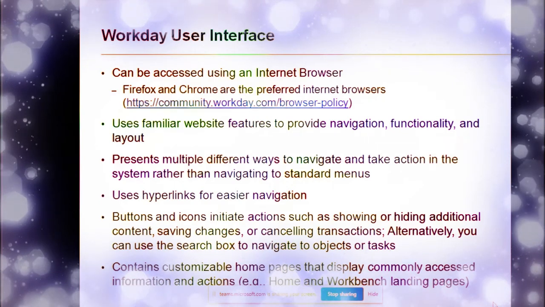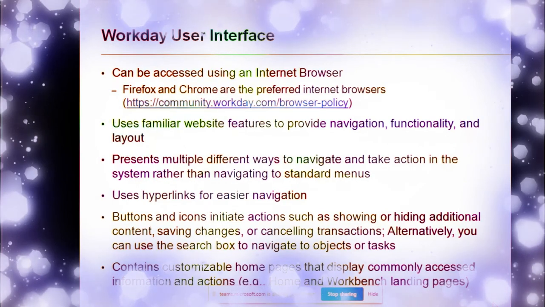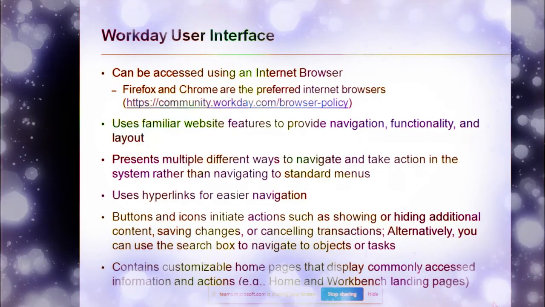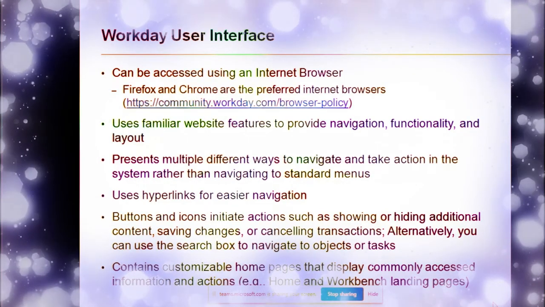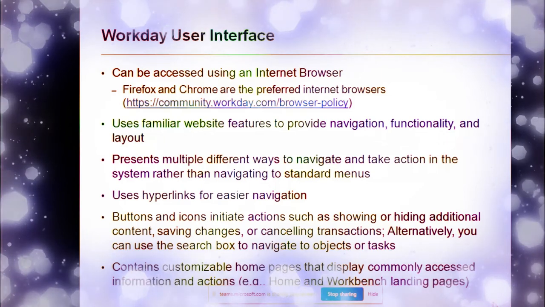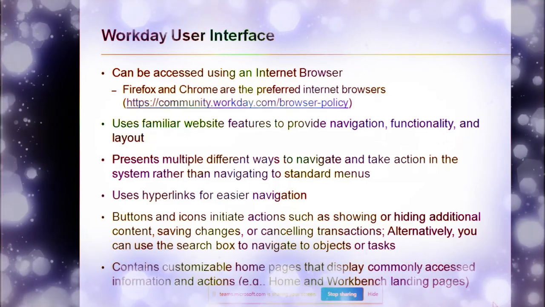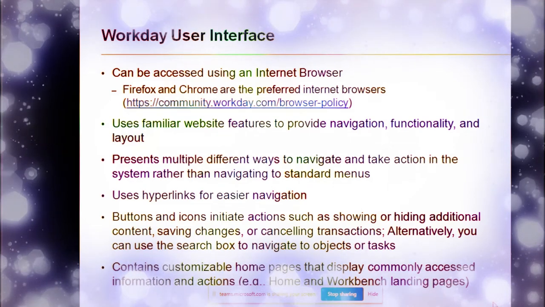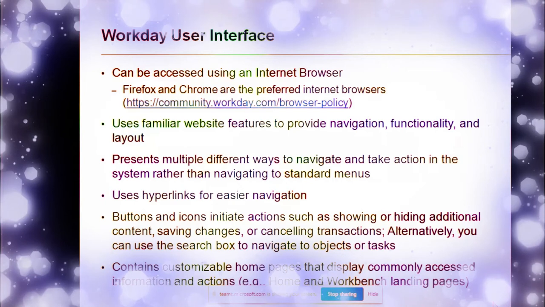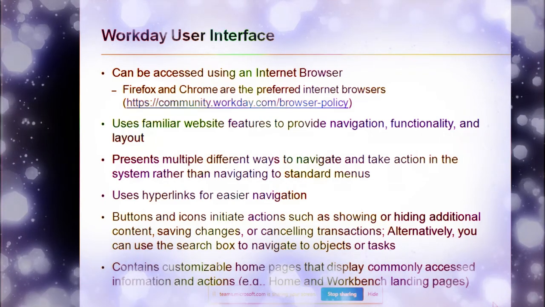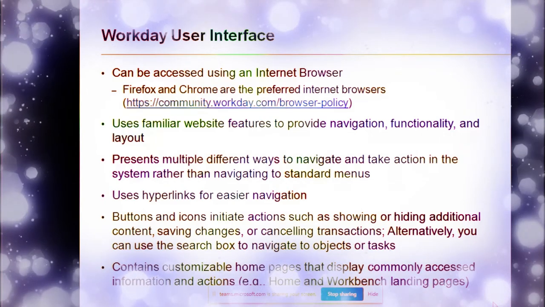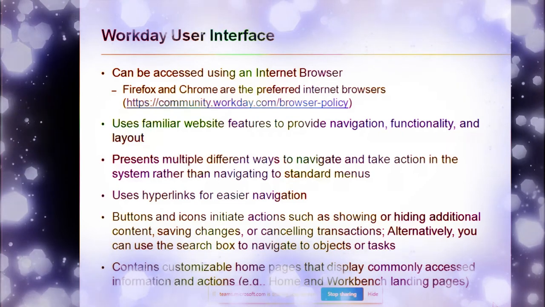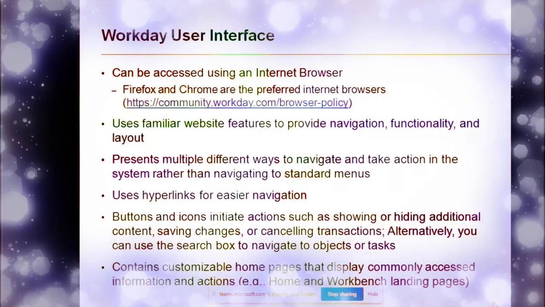In that, I choose that I want the information of only this particular candidate. When I click on it, the system gives me the information. So I'm having an interaction. So in Workday, the user, that is we, and the system are interacting. This is called the Workday user interface, the interaction between the user and the system.